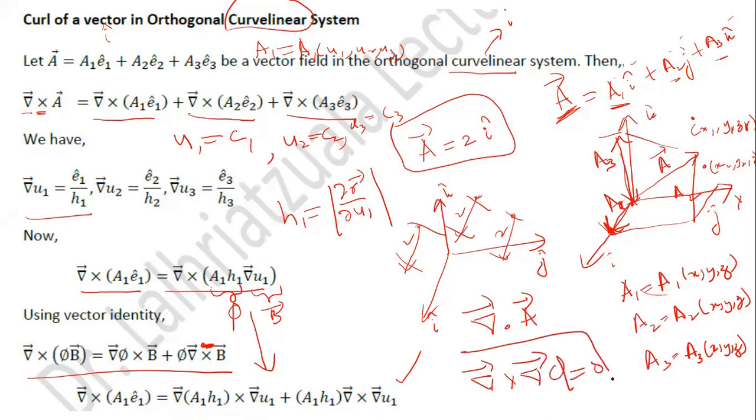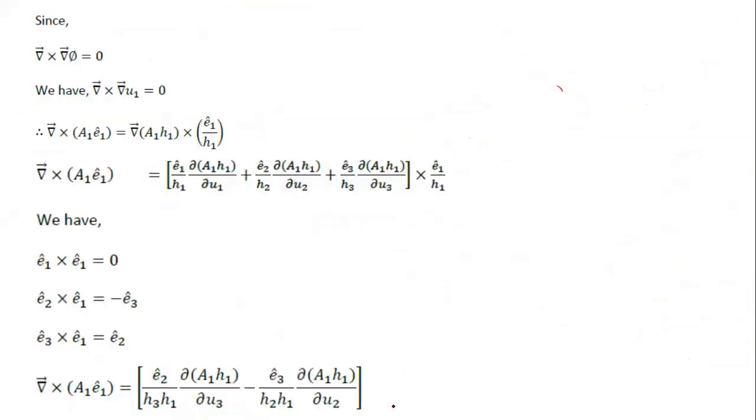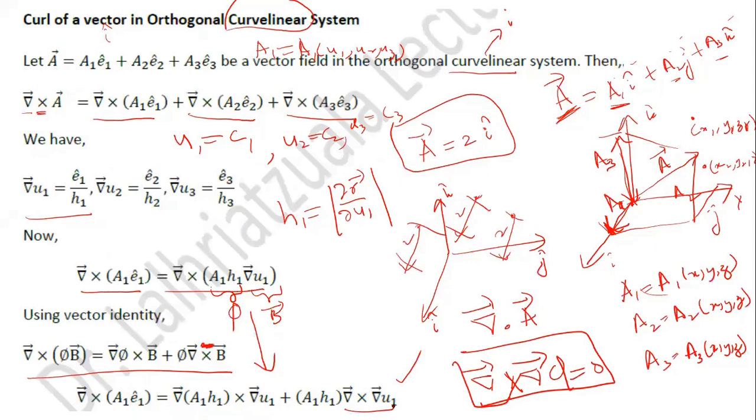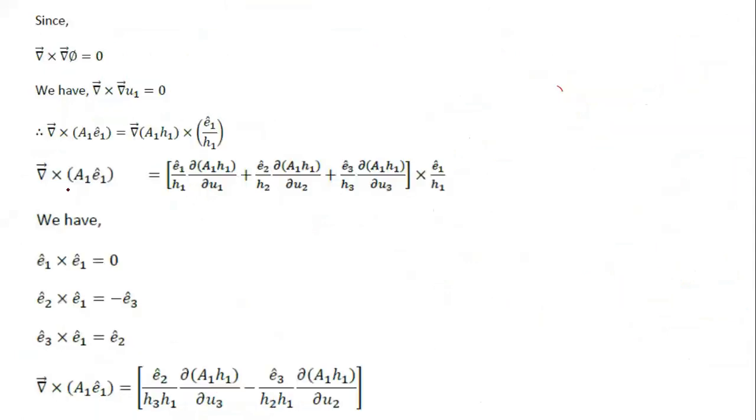You can prove this yourself also. So this quantity will be 0 again. Now, if we consider that gradient of u1 is e1 upon h1, you will arrive at this relation: e1 upon h1, and this is gradient of a scalar quantity.